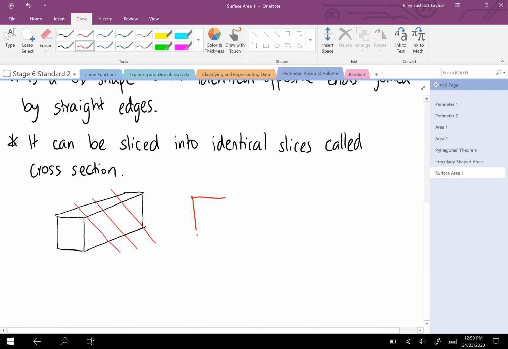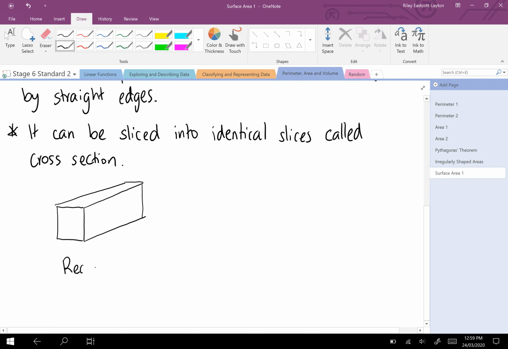And that shape, of course, would be like that. So this is an example of a rectangular prism. And it gets its name from our rectangles at either end. And just remember, a square is a special type of rectangle.